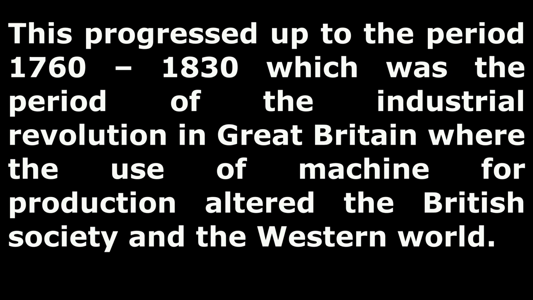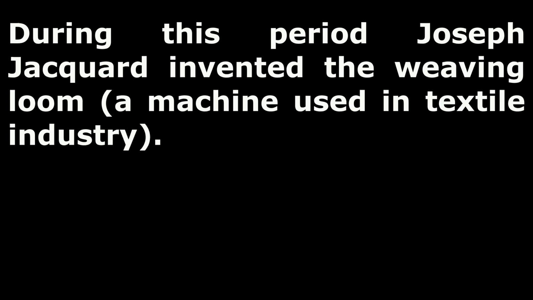This progressed up to the period 1760 to 1830, which was the period of the Industrial Revolution in Great Britain, where the use of machines for production altered the British society and the Western world. During this period Joseph Jacquard invented the weaving loom, a machine used in the textile industry.